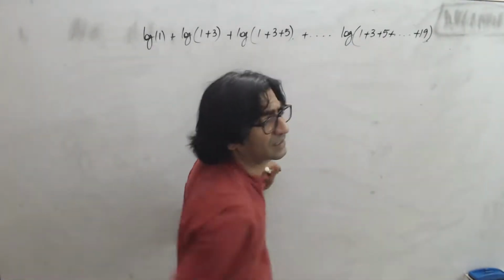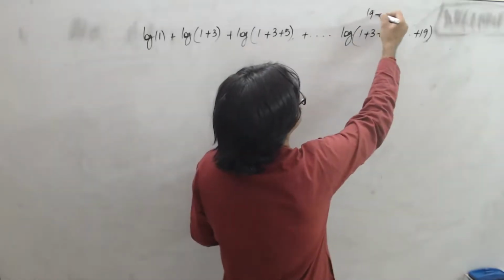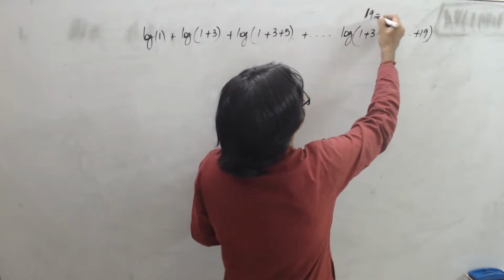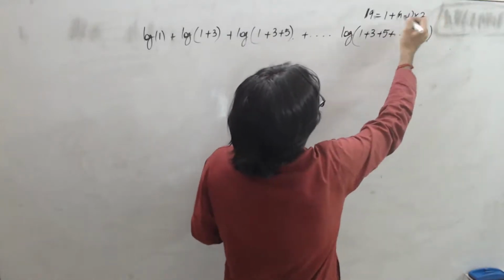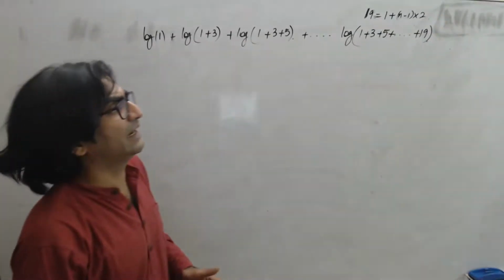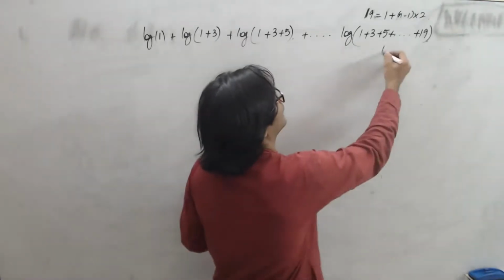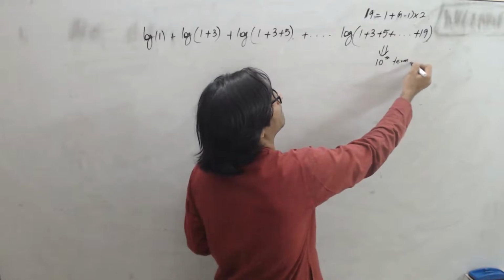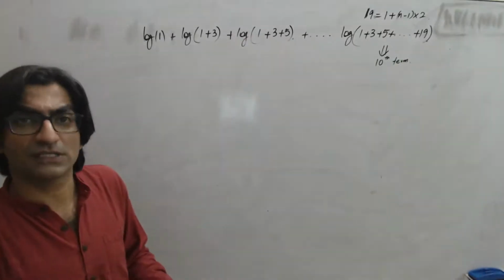How many is this? If I write 19 using the AP formula, odd numbers are an AP: 19 as first term plus n minus 1 times the common difference 2. You calculate the value of n and you get n as 10. So this is like the 10th term, so it contains 10 consecutive odds.